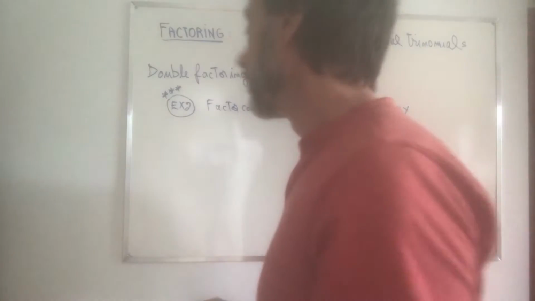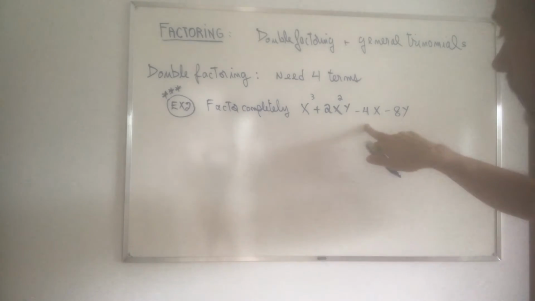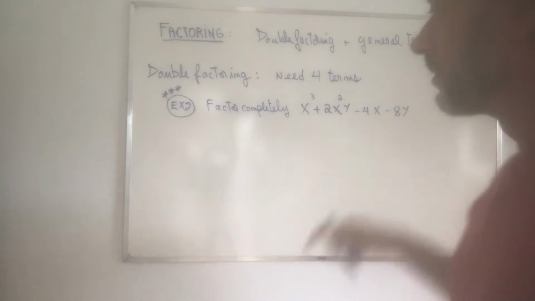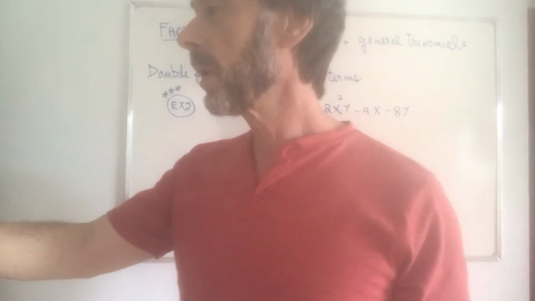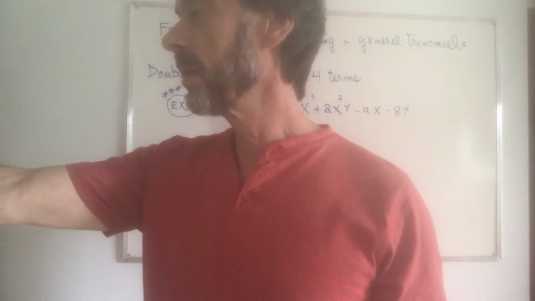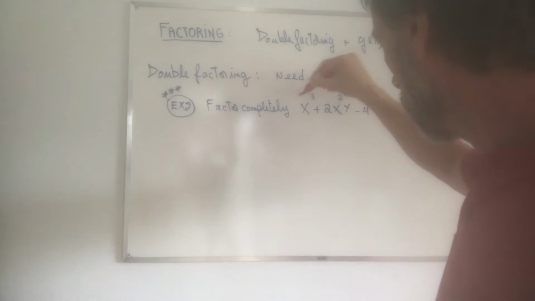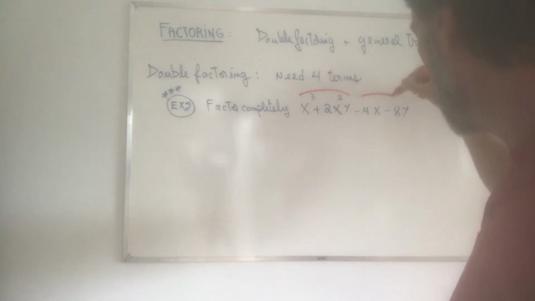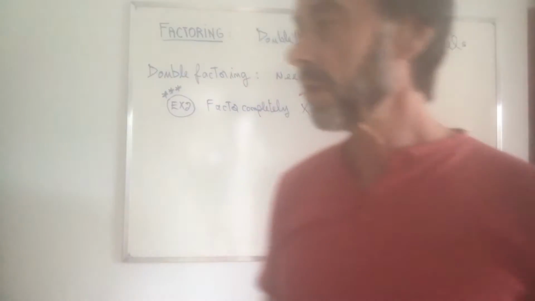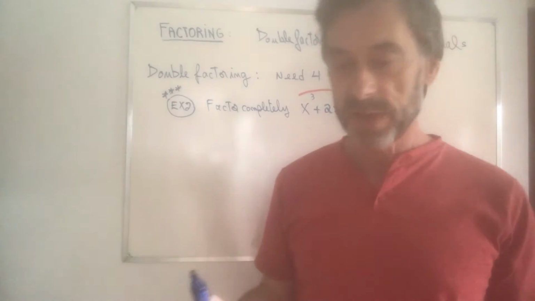All right. So once again, 1, 2, 3, 4 terms. So let's see if we can factor 2 by 2 by collecting whatever happens to be common to the first pair as well as the second pair.